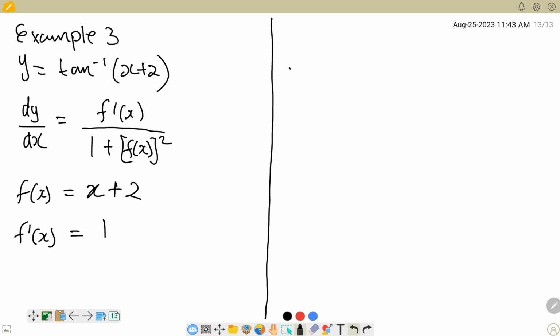Then we finally apply our formula. 1 plus, we say that our f of x is x plus 2 squared.